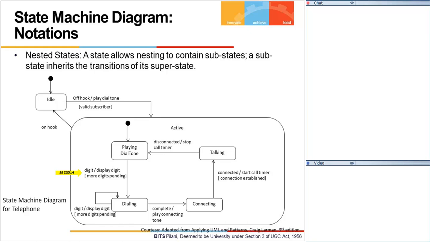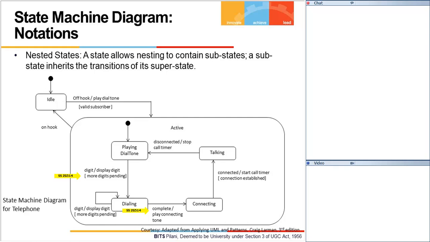So the moment the green color is pressed, it shows that the digits that you wanted to enter have been completed. From your side, you have completely entered the entire phone number, right? And now you want the system to move from dialing to a connecting state. So in that case, that will be the trigger, which will be the complete trigger.